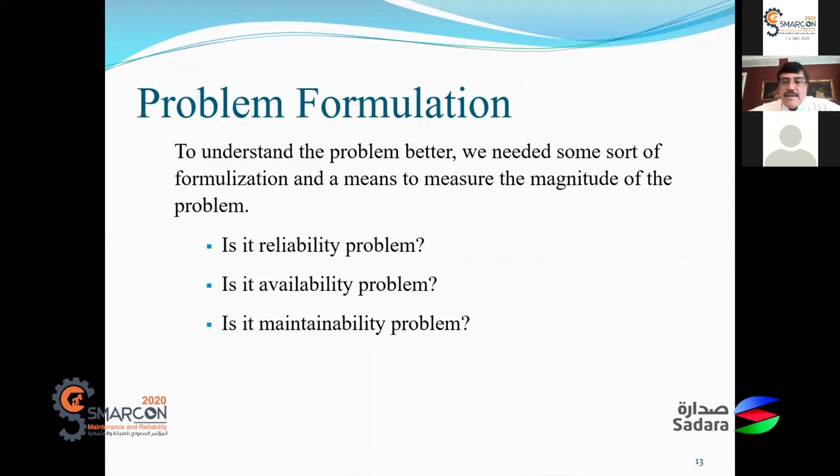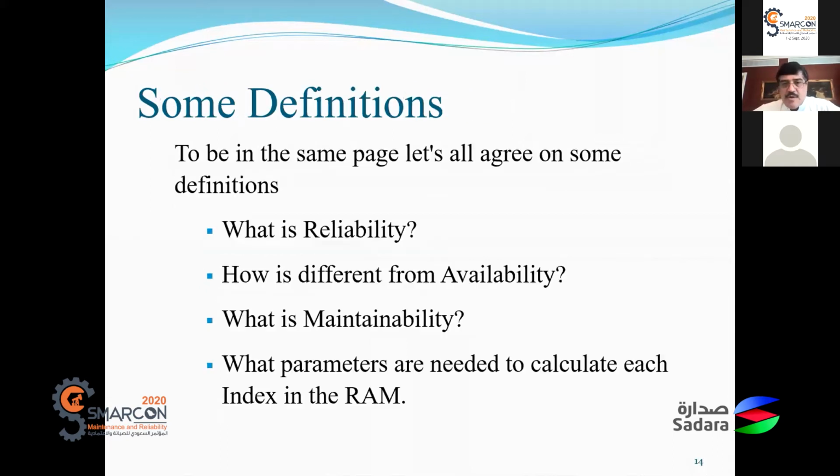Is it an MTBF problem? Is it an MDT problem? All of these, unless we actually link them to some sort of business case, mean nothing. So before we go, let's establish, me and the audience, a little bit of common ground and understanding of the meaning of these different things.